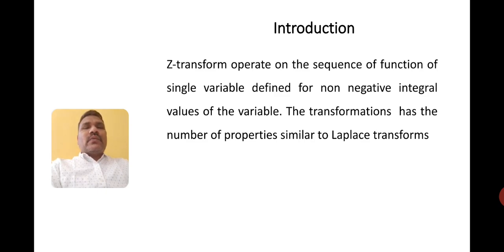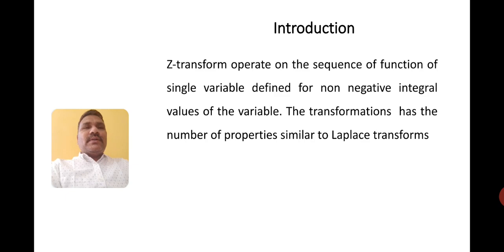I think we all know what we mean by Fourier transform and Z transform. Assuming that you know the things, once again I will just tell when we are going to apply Fourier transform, when we are going to apply Laplace transform, and so on.